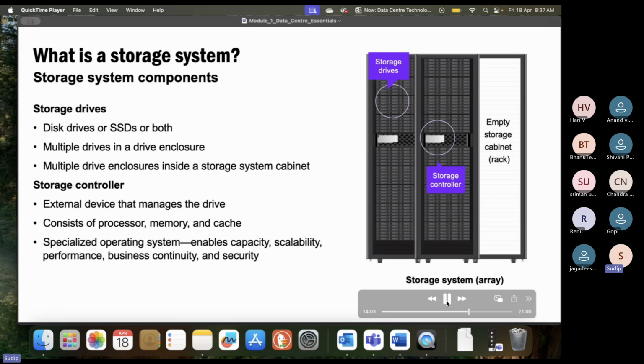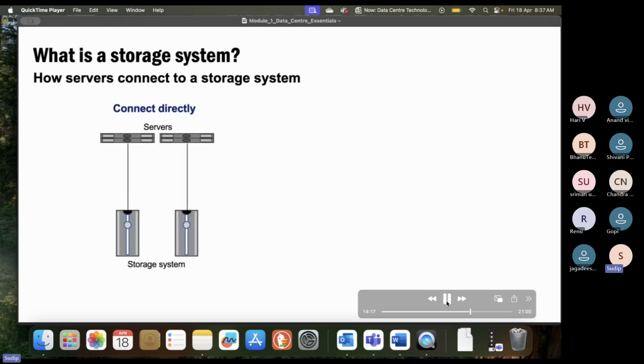And these storage controllers have their own software. They are called storage OS, or storage controller operating system. Each vendor has its own version of the operating system.